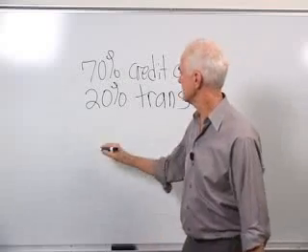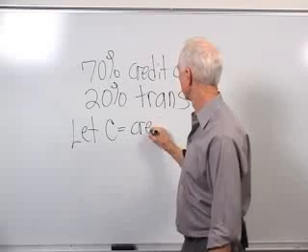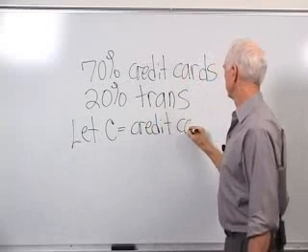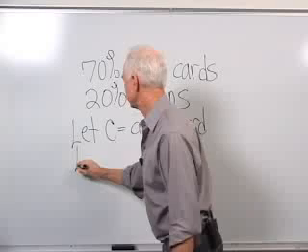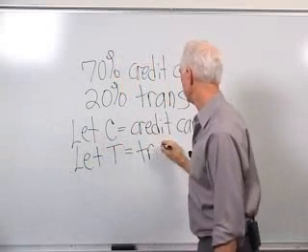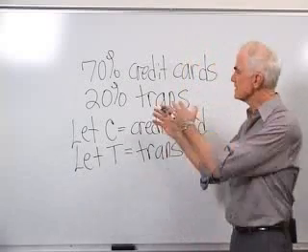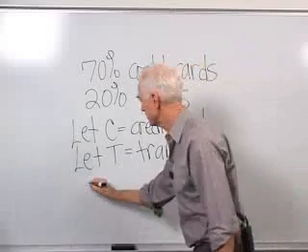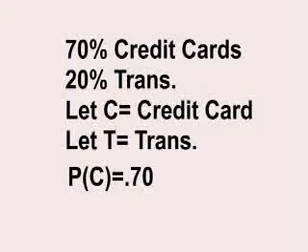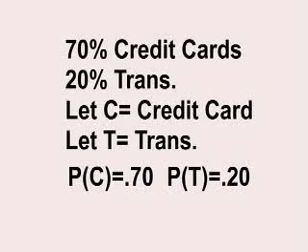Let's let C equal usage of credit card, and let's let T equal the use of public transportation. And we can summarize our percentages in probability statements by saying the probability of C equals 0.70 and the probability of T equals 0.20.